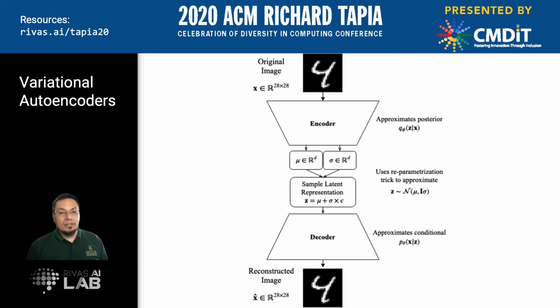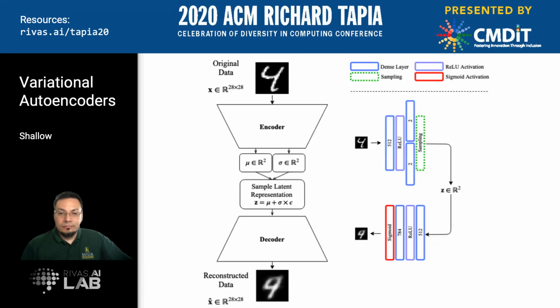If we can learn the parameters of that distribution, we could actually generate data that follows it. So if we have, for example, the number 4 as input, we can train an encoder to learn the parameters in this latent space that could produce a number 4. And that's kind of cool.